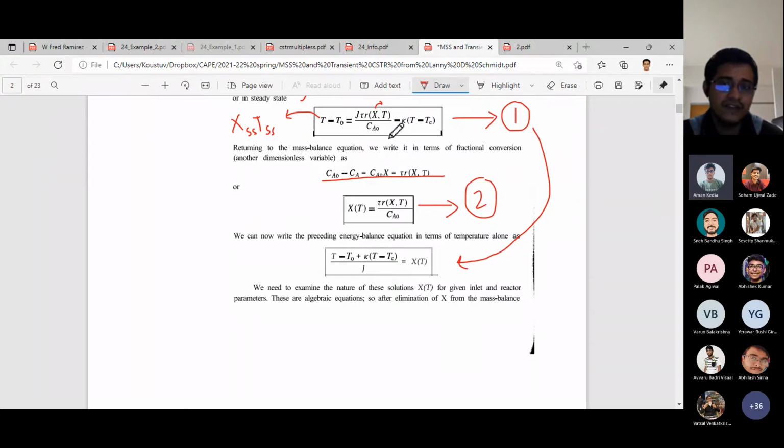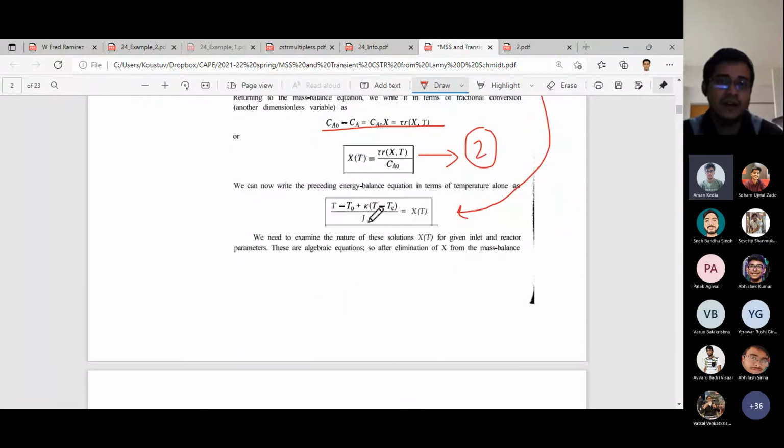Substituting the rate expression, we get these equations: T minus T0 plus k times this by J equals X T. By a single equation you can connect these two state variables, conversion and temperature. By the nature of these equations, you cannot solve them analytically, so you may have to take a different approach, like a graphical solution.